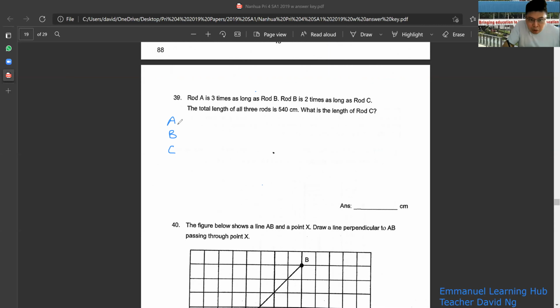Then you just draw. You see how I draw. Rod A is 3 times as long as rod B. Rod B is 2 times as long as rod C.